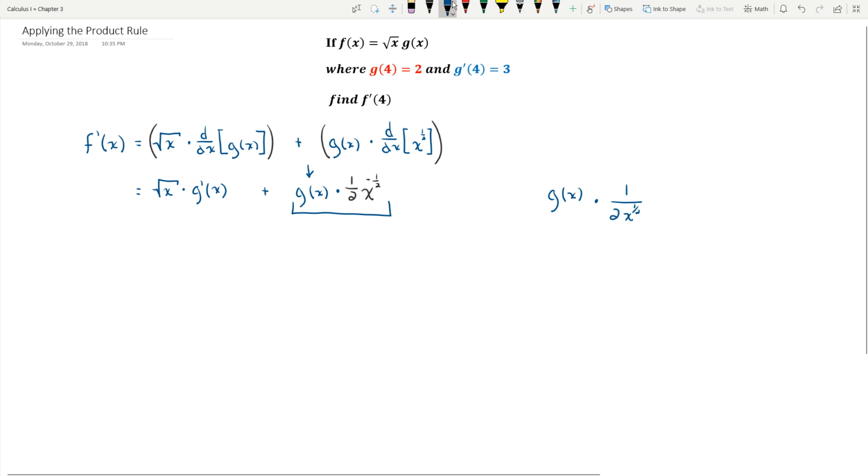Once it's in the denominator, it's now a positive power. And we can further clean that up by saying that that's really just 2 times the square root of x. And that further means that we can simply multiply the numerators. So we have g of x times 1. And this just becomes g of x divided by 2 times the square root of x.